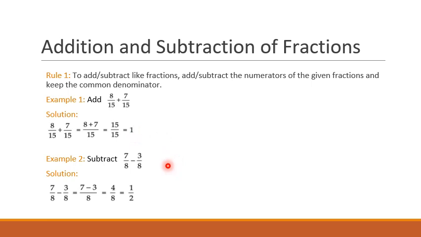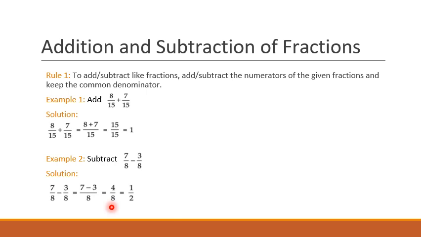Now let's see another example. Subtract 7 by 8 minus 3 by 8. Again the denominators are the same, so we keep the denominator common and subtract the numerators. 7 minus 3 gives me 4 by 8.